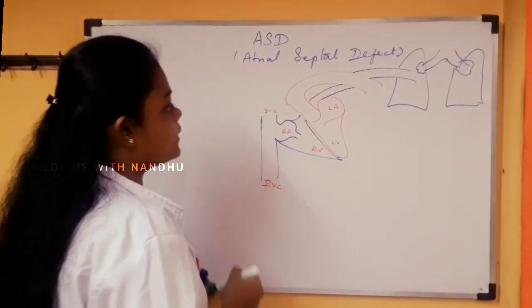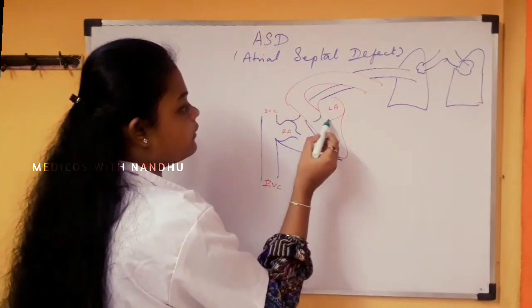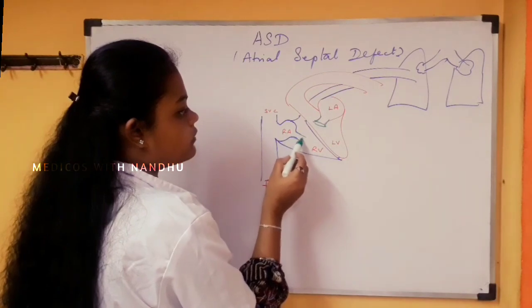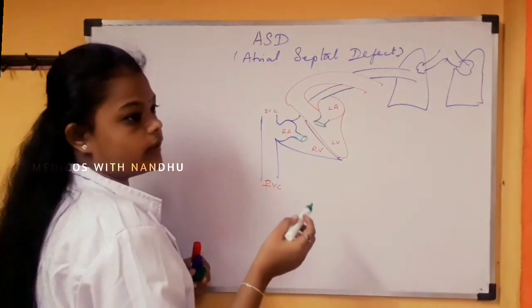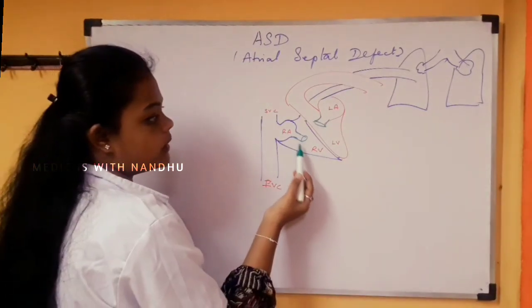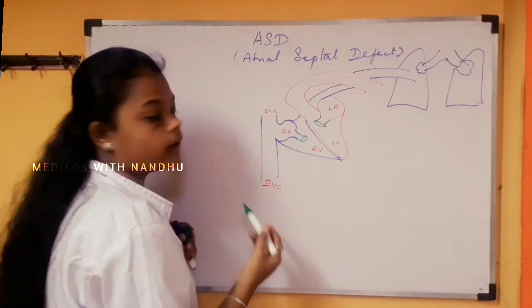The two input valves are the mitral valve and the tricuspid valve. The mitral valve is placed between the left atrium and left ventricle, and the tricuspid valve is placed between the right atrium and right ventricle.